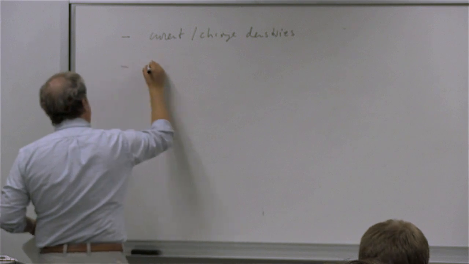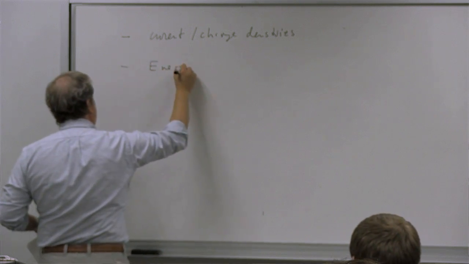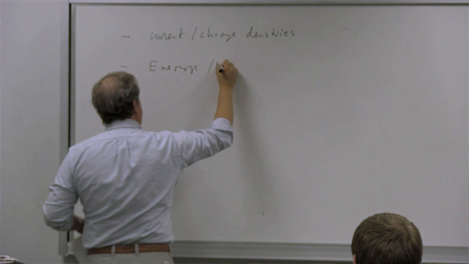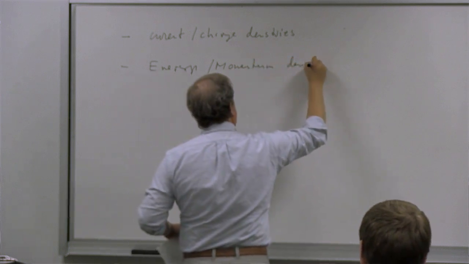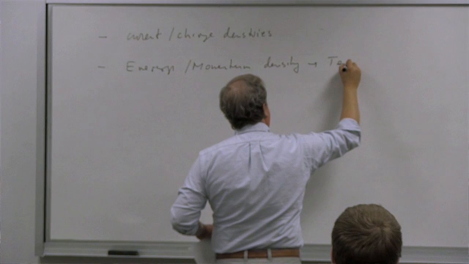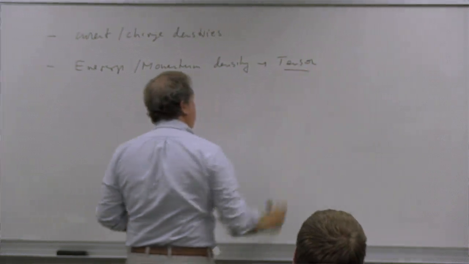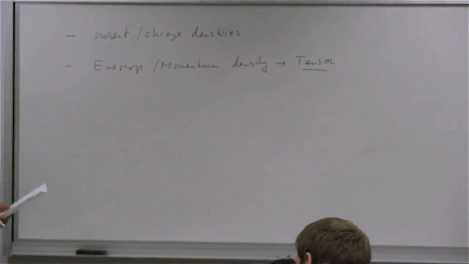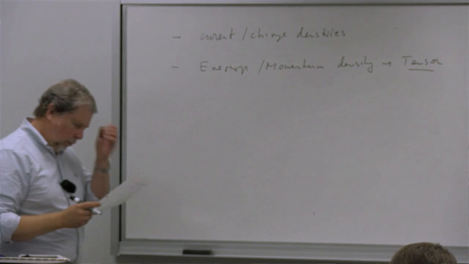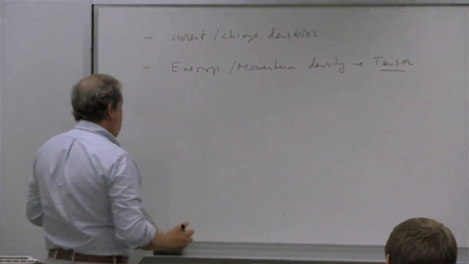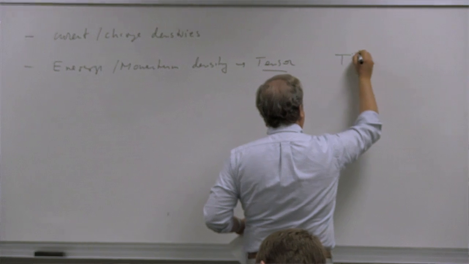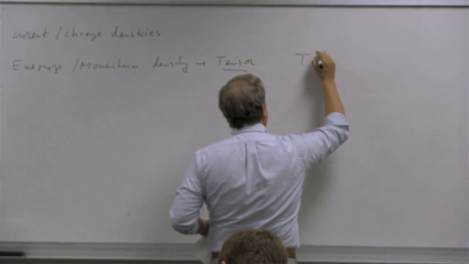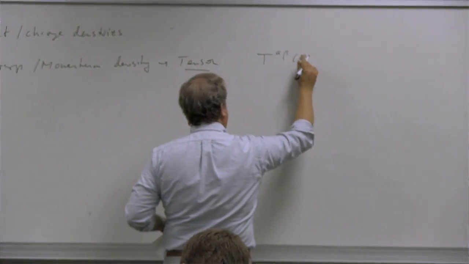And now we're going to talk about the energy momentum tensor. So that is going to be a tensor. Well, this energy momentum tensor is going to be denoted by two components. So it will look like T alpha beta of x, right?